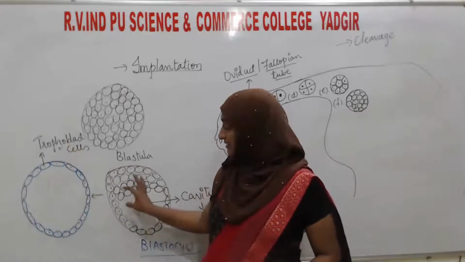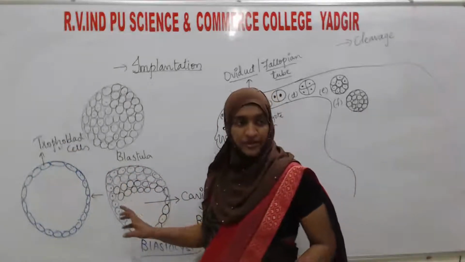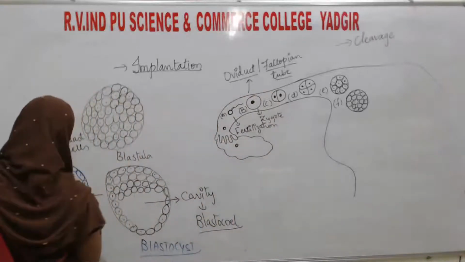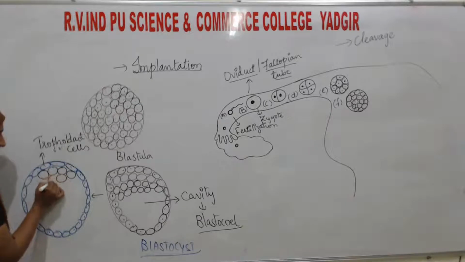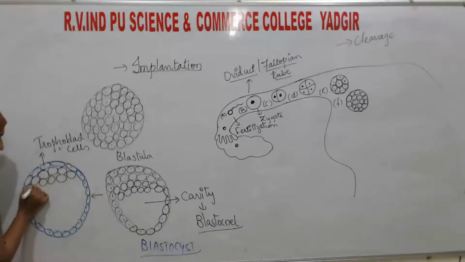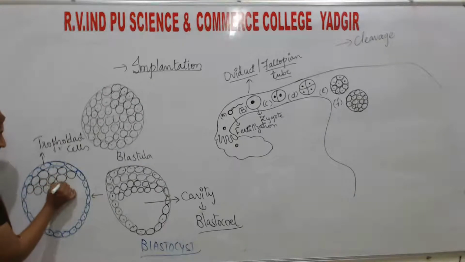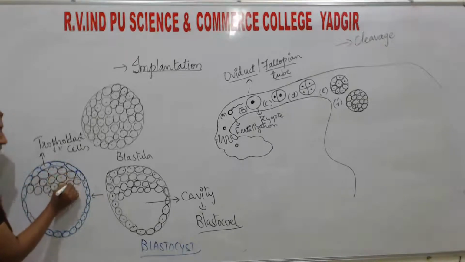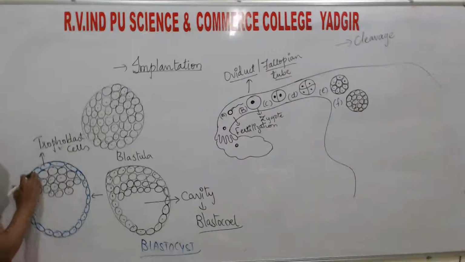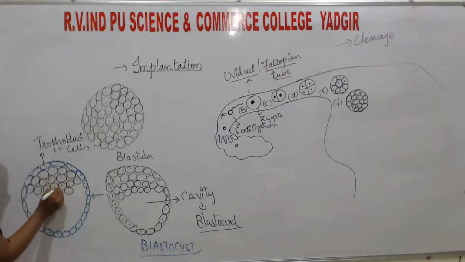What about the remaining cells which are present over here? They will be like that only. See, present within that layer, like this, and these cells which are present in the form of a mass of cells, this particular group we can call the inner cell mass.